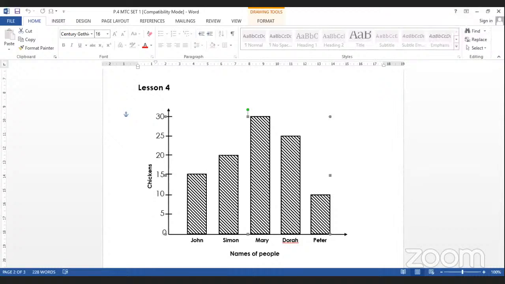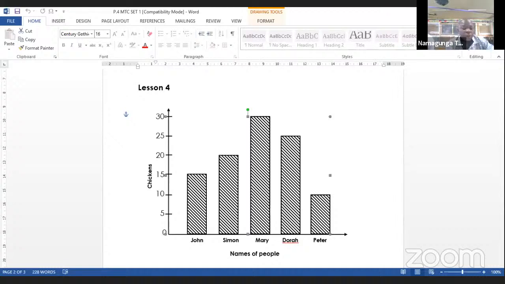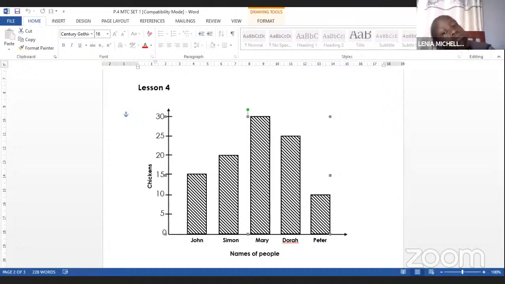Teacher, the paper I have is different. We are doing the work you're showing us here on the laptop. The paper I have is a bit different. It doesn't have some graphs. Where did you get that paper, from your parents' phone? Yes. With the email? Yes, teacher. The graph must be there. Okay.